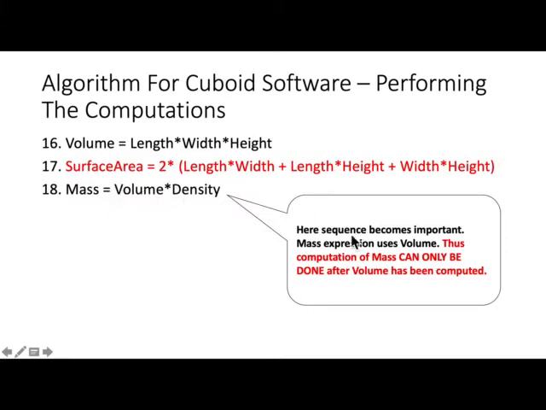Now here the sequence becomes important because mass expression uses volume, so computation of mass can only be done after volume has been computed. Okay? So if a computed variable is used later, then it can only be used after it has been finished computing.